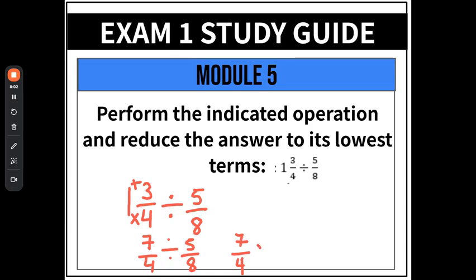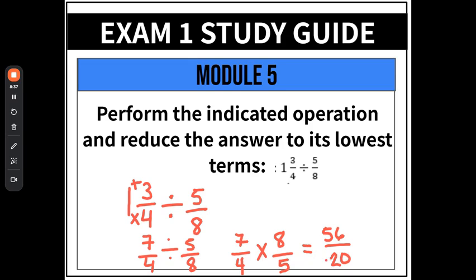We're going to change the sign from division to multiplication, and we're going to flip the second fraction. Just flip it upside down. And now we have a new problem. Not really new, but we can multiply the top times the top and the bottom times the bottom. So I've got 7 times 8 gives me 56. And I've got 4 times 5, which gives me 20.